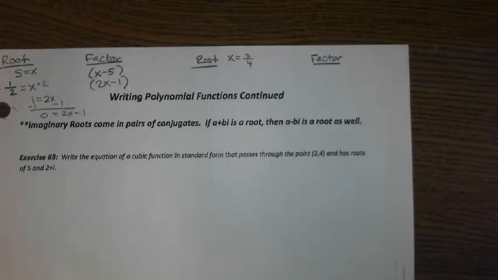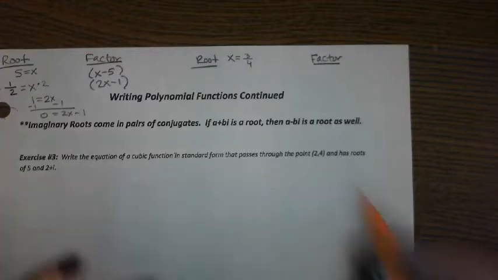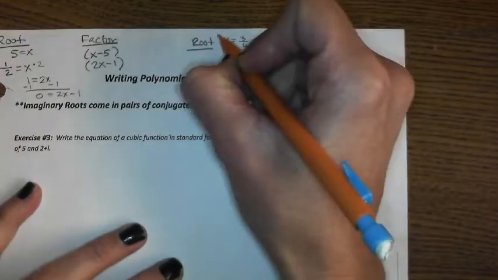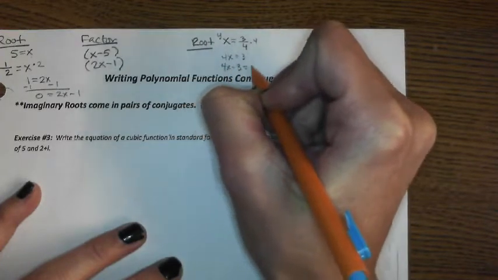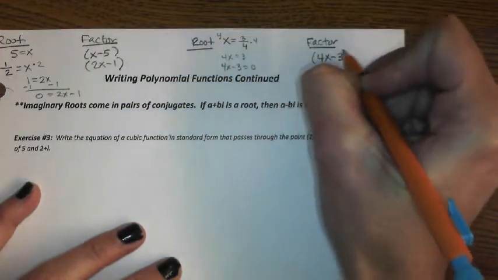What do you think? Very good. Multiply by 4 on both sides. You get 4x equals 3. Subtract your 3 over. You get 4x minus 3 equals 0. 4x minus 3 is your factor.